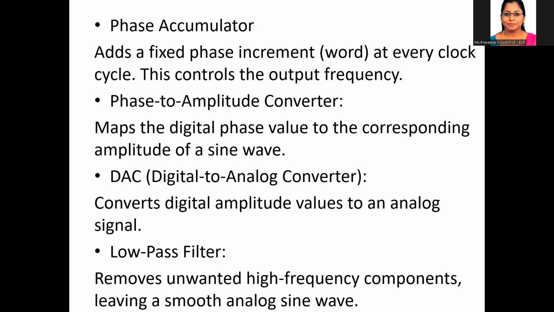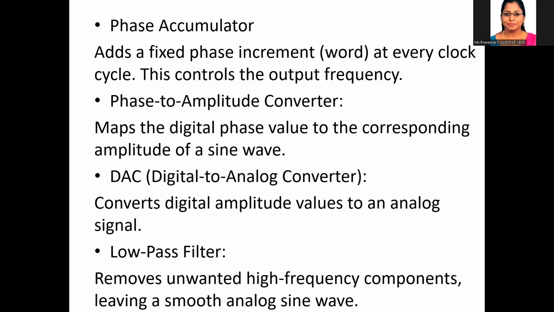Then the phase accumulator. First, the operation of a DDFS begins with the phase accumulator, which adds a fixed phase increment value, known as the frequency control word, during every clock cycle. This phase increment determines the output frequency of the synthesizer.